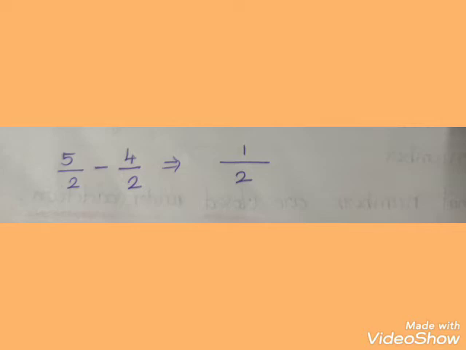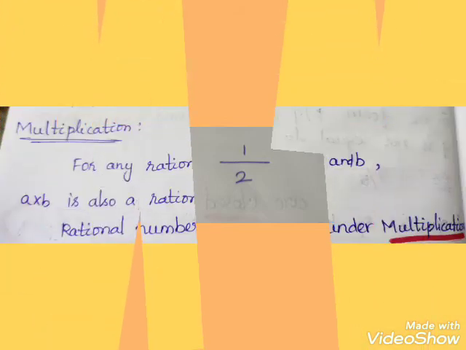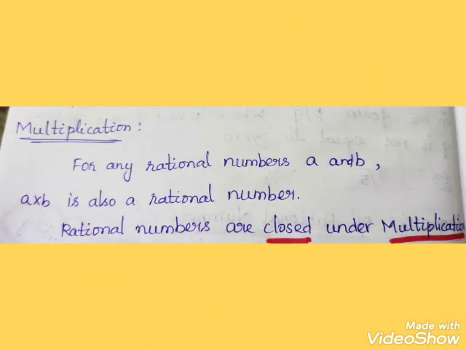Next we're going to see about multiplication, right? For any rational numbers, we are taking two rational numbers, namely a and b. Now the resultant, which means the multiplication of the two rational numbers, a into b, is also a rational number.